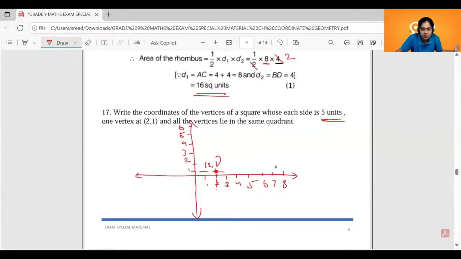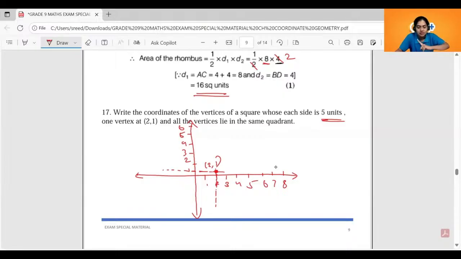So this is one of the vertices. Since all the vertices should lie in the same quadrant and the distance should be 5 units, you can't go like this 5 units, you can't take it. The other side of the square, you can't take it like this, correct? You can't go like that, right? All the sides should lie only in one quadrant.